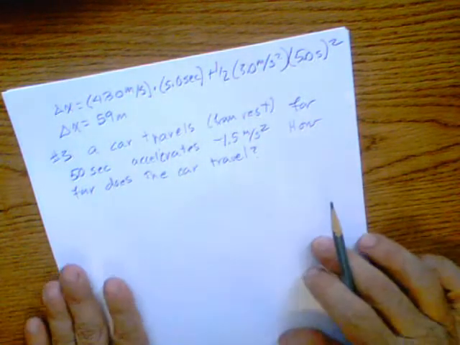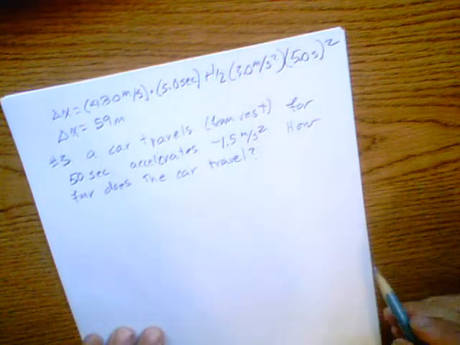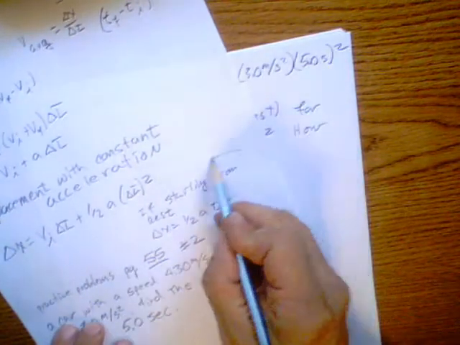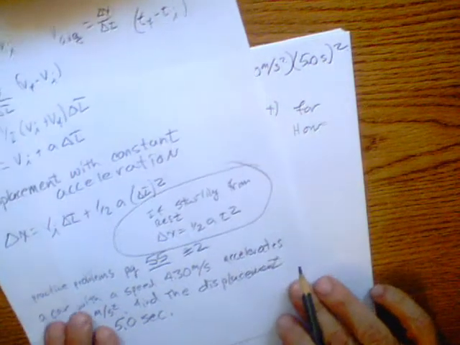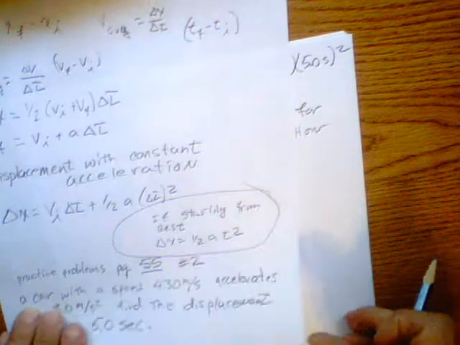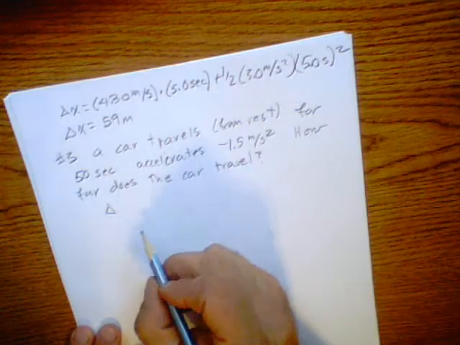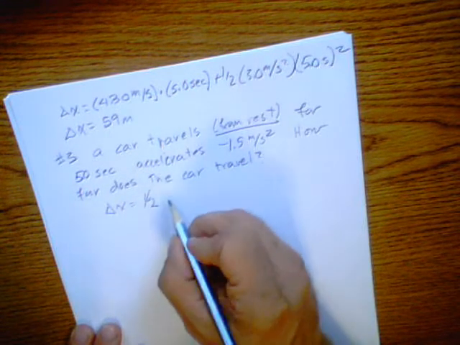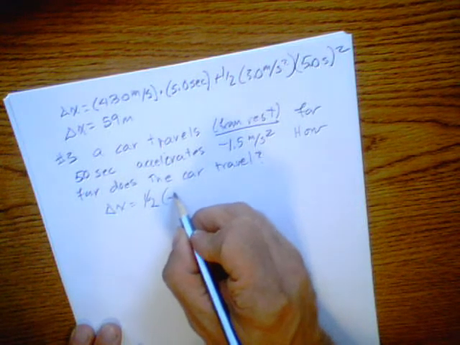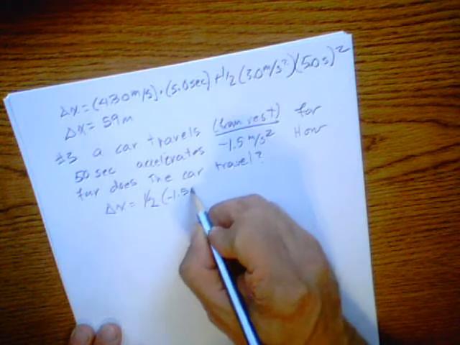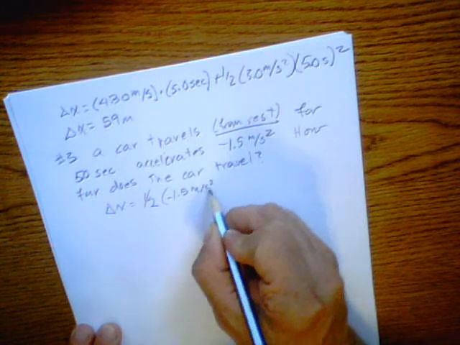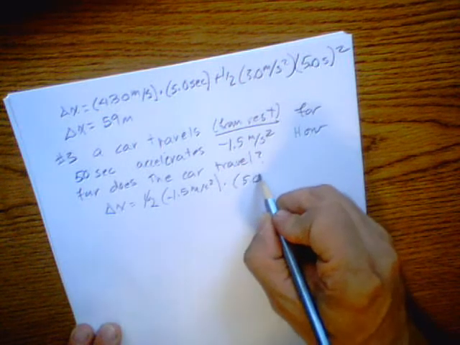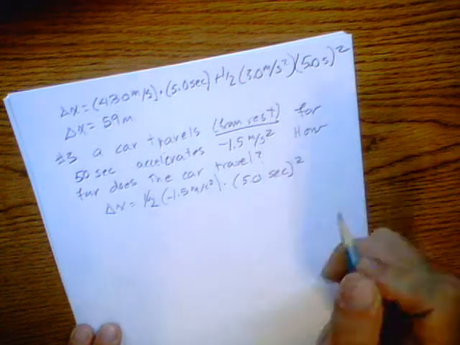See, delta x again. Well, I'm going to use the cheat, the starting from rest equation that we wrote down a minute ago, because we are starting from rest. So 1/2 negative 1.5 meters per second squared, that's acceleration, times the time, 5.0 seconds squared.